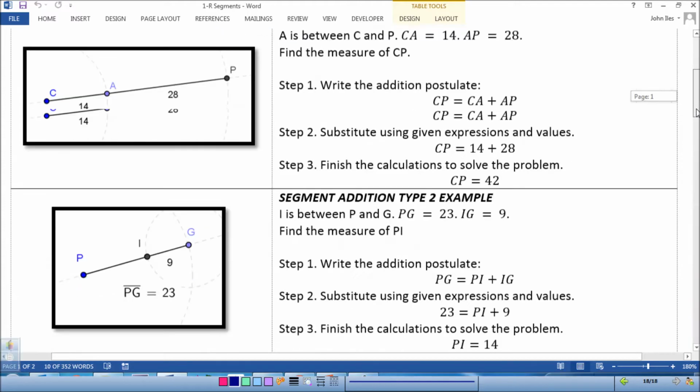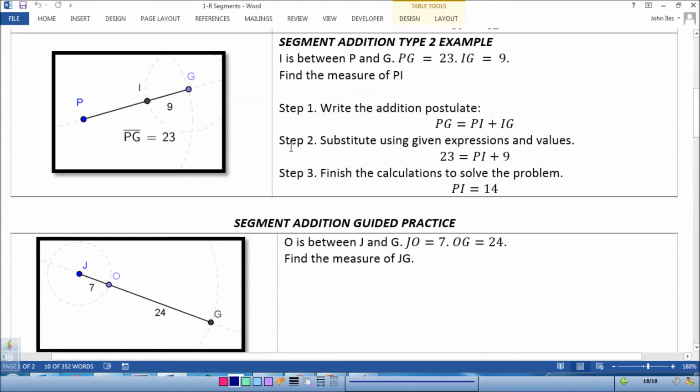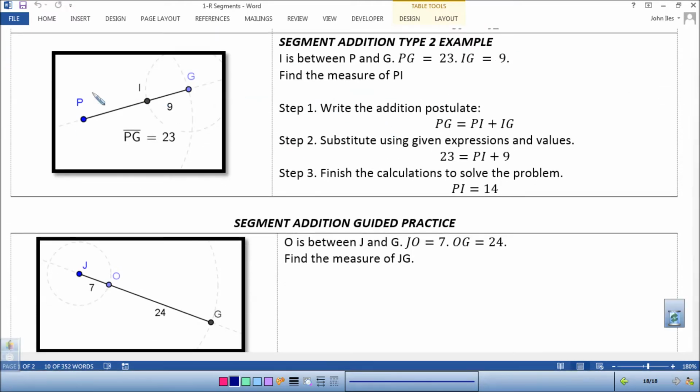In the next problem, okay, this is the next type. See, PG is given to us as being 23 units long, and IG is 9. So by the segment addition postulate, I know that PG is equal to PI plus IG. Now when we go into substitute, I have a value for PG, so I can replace PG with 23.